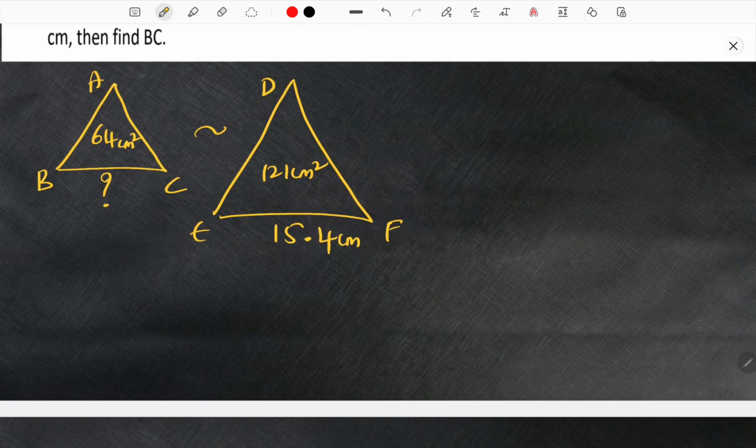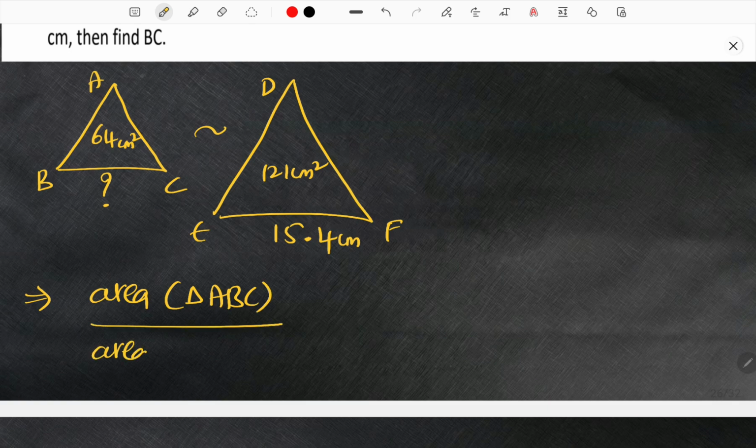Now area is given, so we know that formula, right? The area of similar triangles formula is known to us. Area of triangle ABC divided by area of triangle DEF, since they are similar to each other, can be written as BC divided by EF whole square. Definitely.